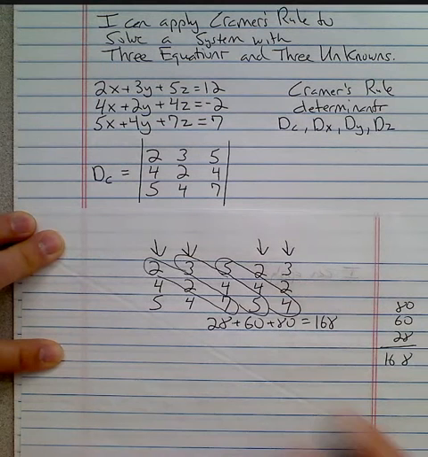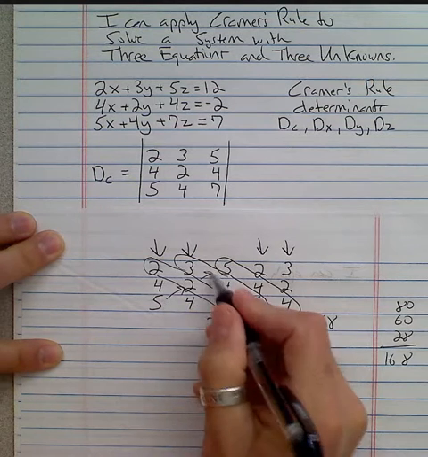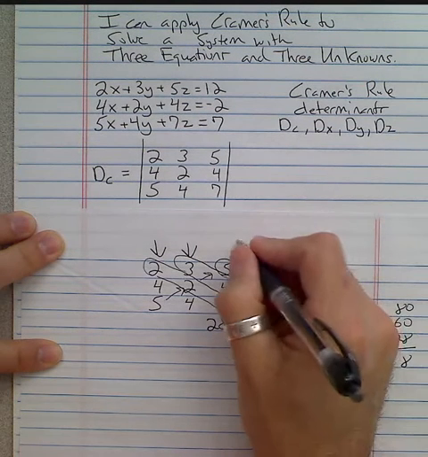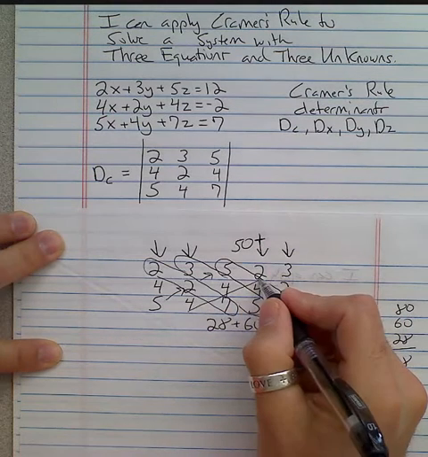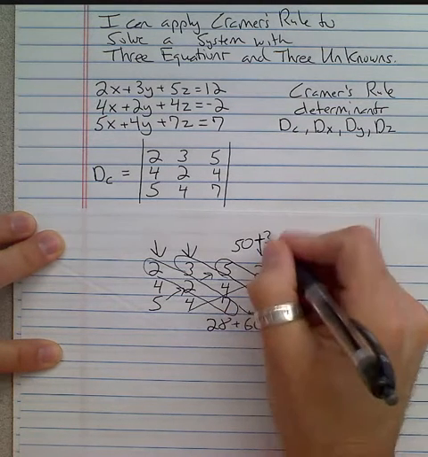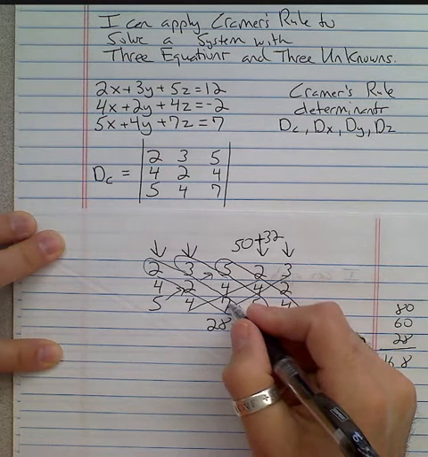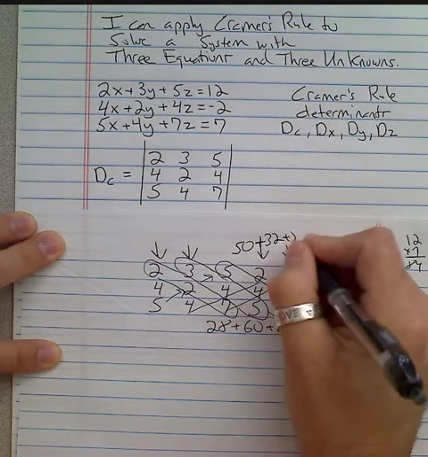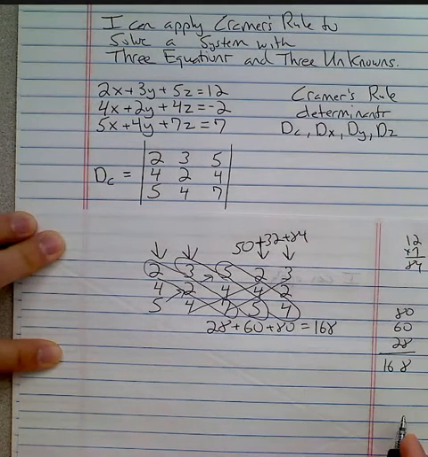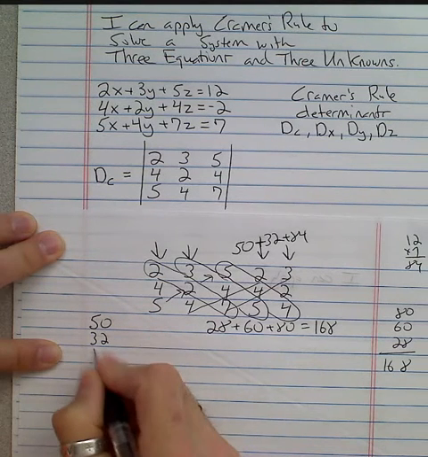Then what we would do is we would look at the diagonals going in the up direction, and this would give us 50. This here would give us 32. And then here we would have 12 times 7 is 84. We would add those together also. 50, 32, and 84.